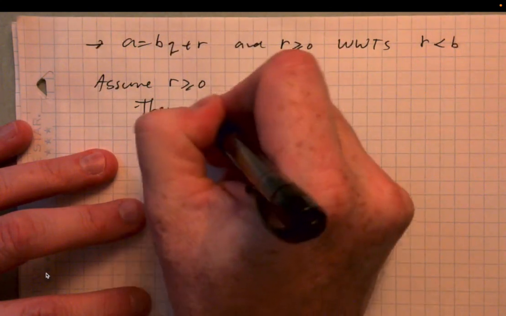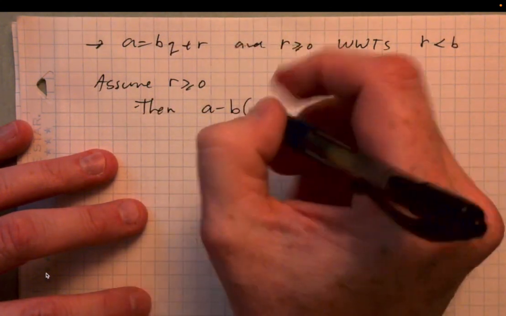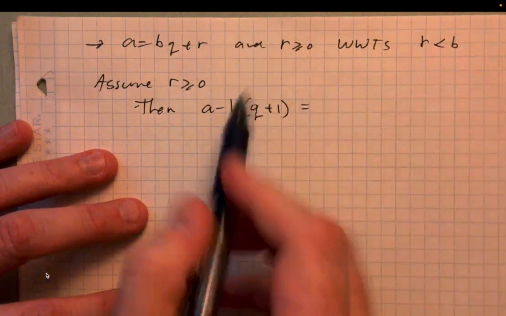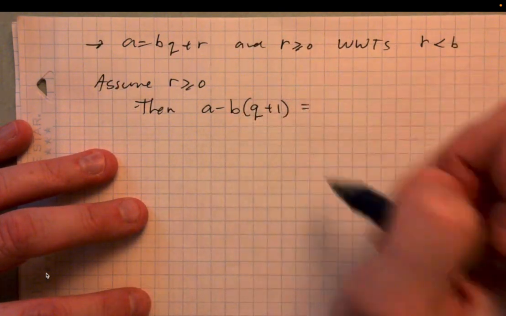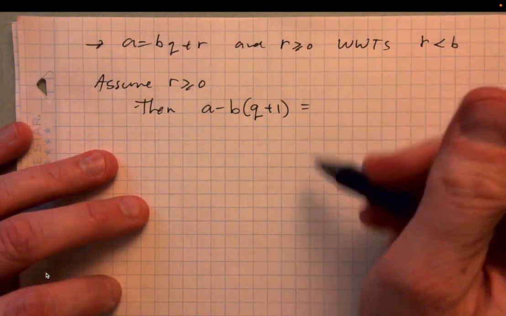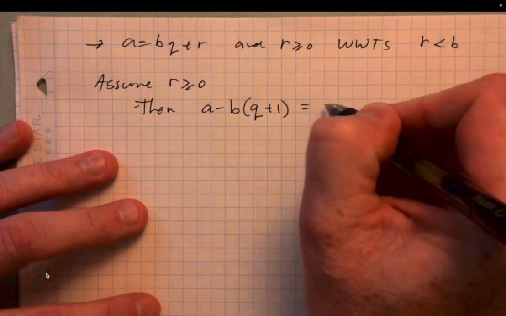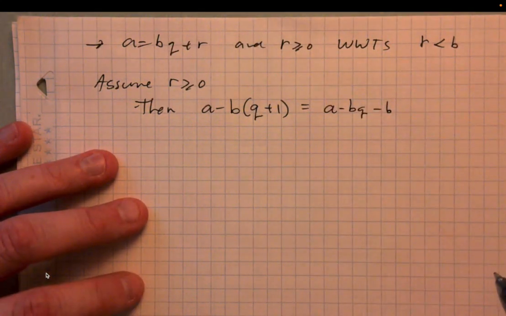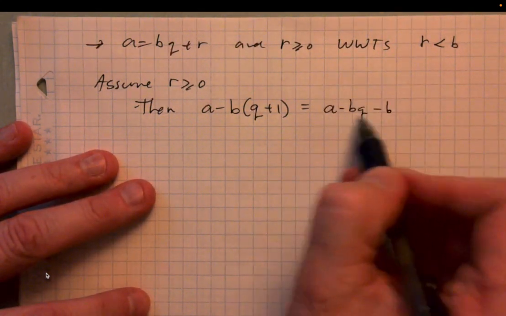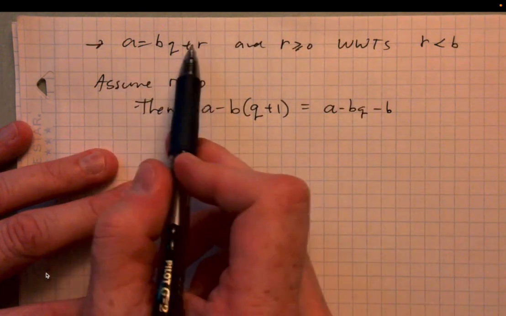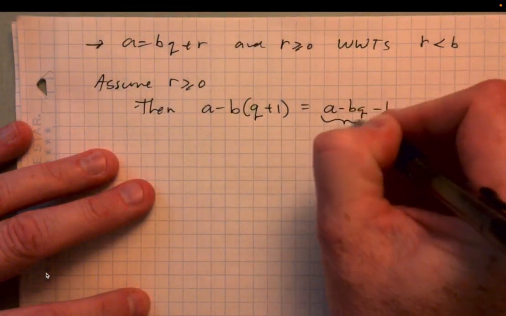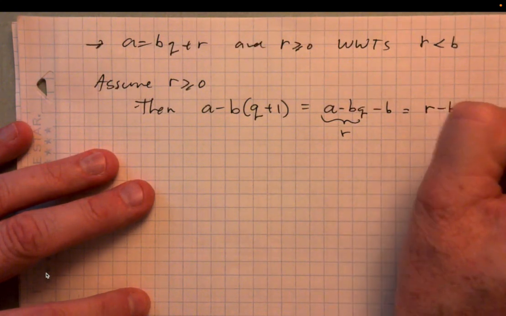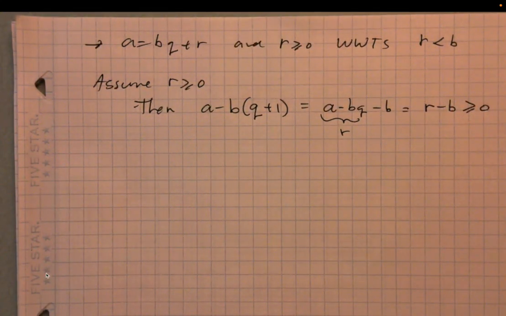Then A minus B times Q plus 1 is equal to, let's look at this guy, A minus B times Q plus 1, so increase Q by 1. This is going to be equal to A minus BQ minus B. This A minus BQ, we know that that's R. So that's equal to R minus B. Obviously, that's greater than or equal to 0.